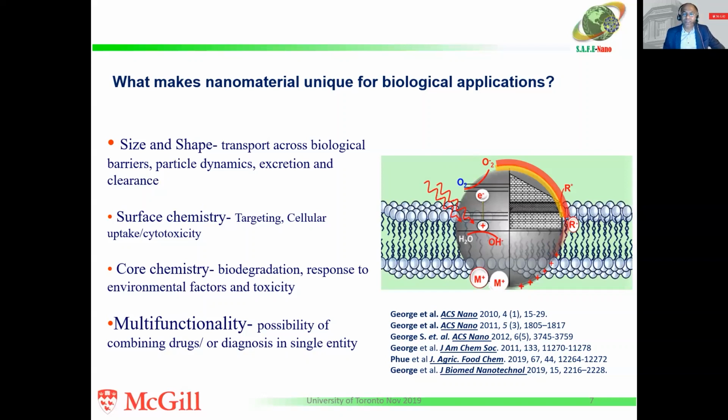Their core chemistry can be manipulated to have multiple entities. So another possibility is multifunctionality. You can bring different functions into a single entity in order to make a material that is multifunctional in nature.